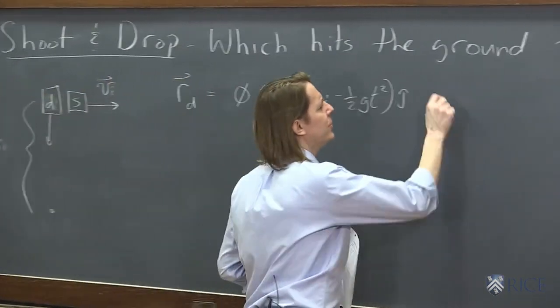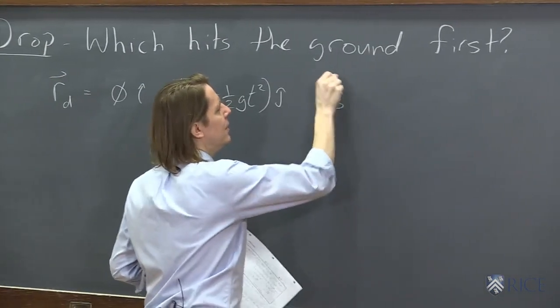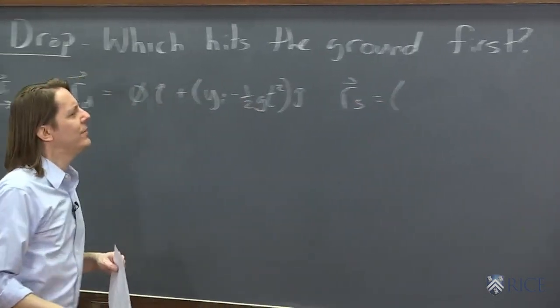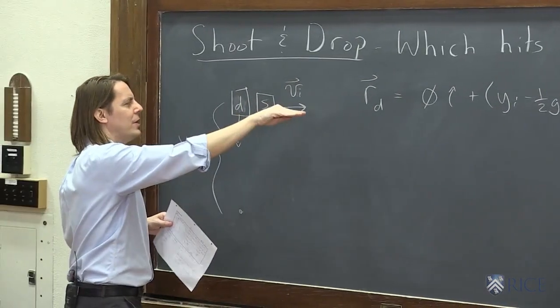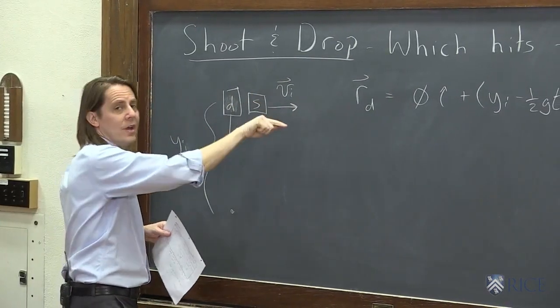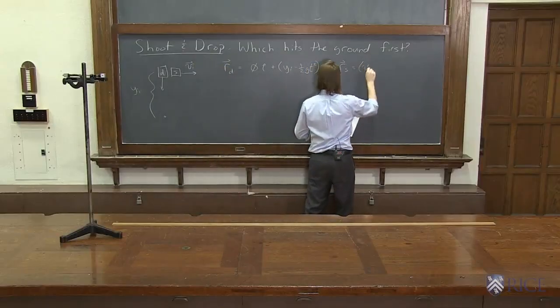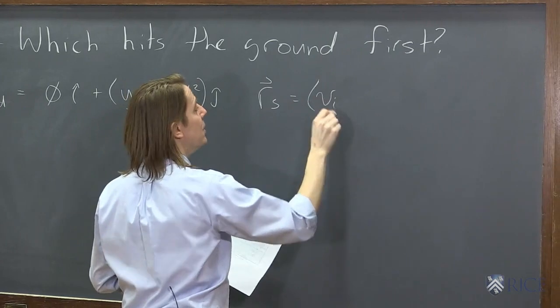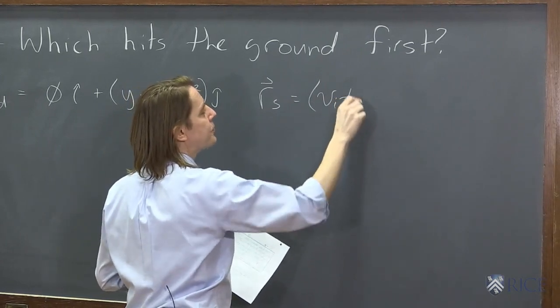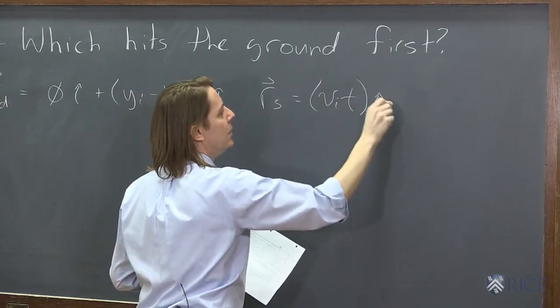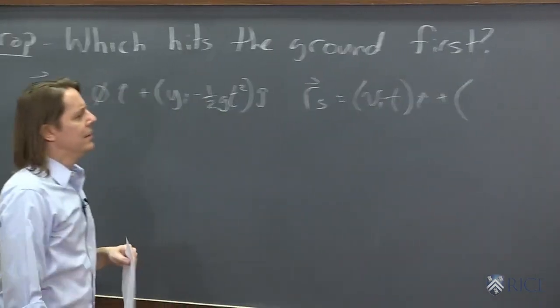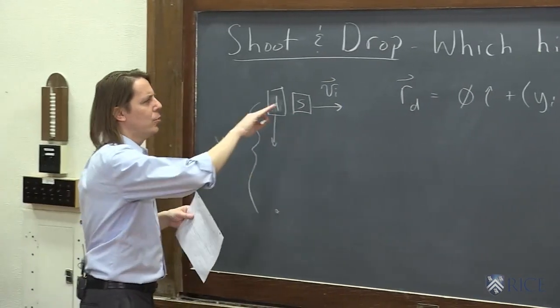And then shoot. Let's look at R shoot. In the horizontal, in the x direction, it has no initial position, but it does have a velocity. So we would just say it is v initial times t. It has no acceleration. So there's its i hat, and its vertical j hat.